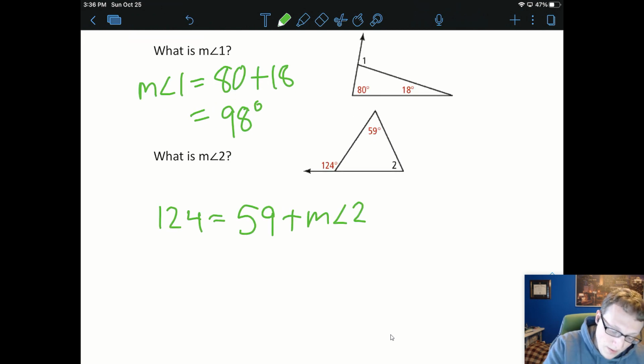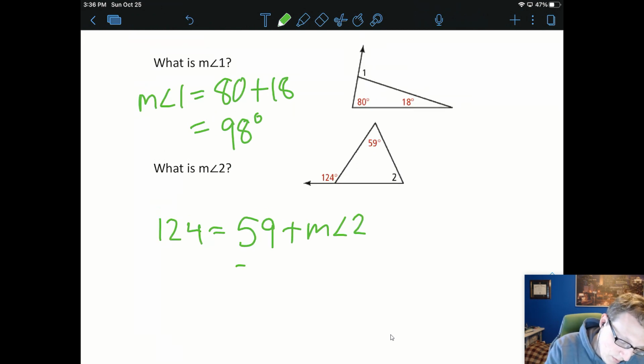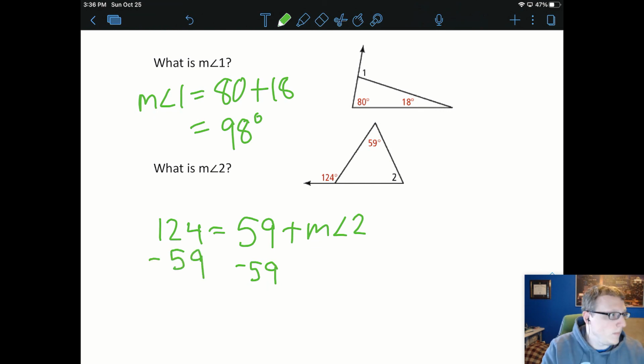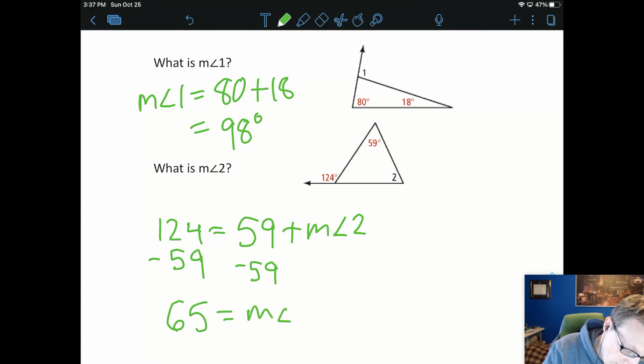Obviously, that's what we're trying to find, so I'm going to subtract 59 from both sides. And I get, what is that? Just double check. 65 degrees for the measure of angle 2. All right, so that's what you can use the triangle exterior angles theorem to do.